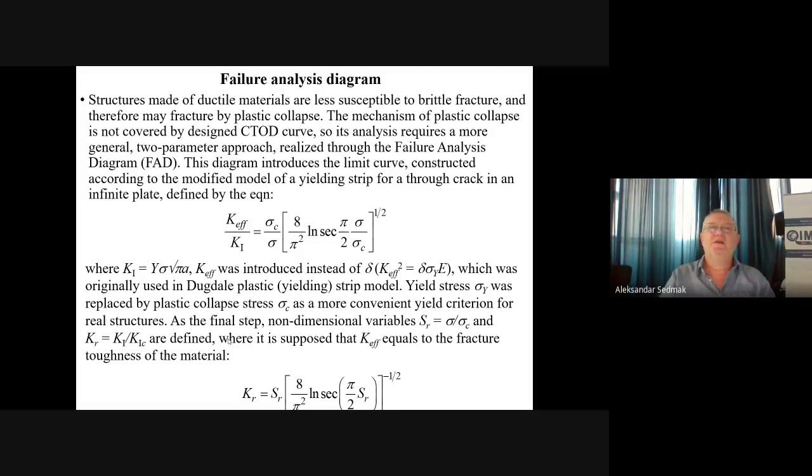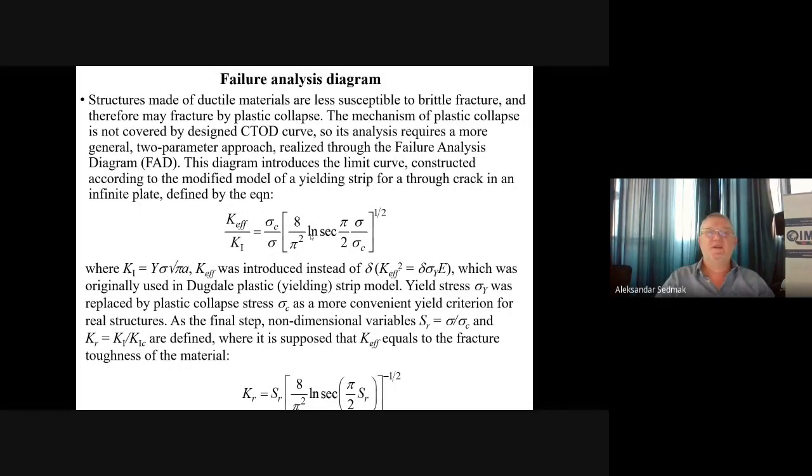Now, in this diagram, our starting point is the so-called Dugdale model. Here it is written, Dugdale plastic or yielding strip model. It is based on a yielding strip for a through crack in an infinite plate, and the governing equation for this is given here.